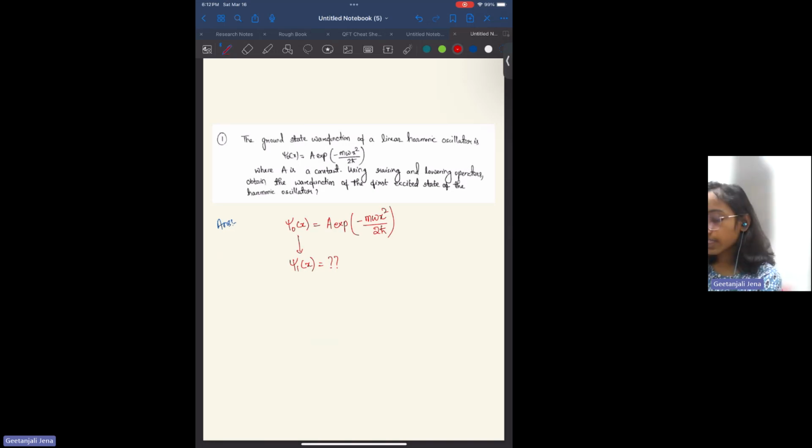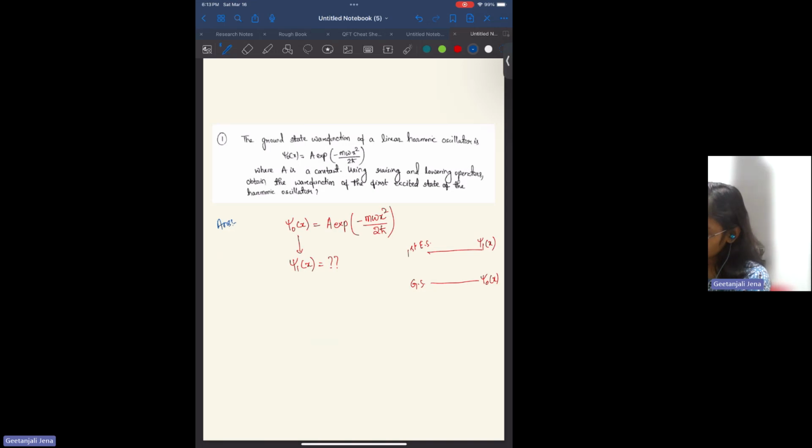To get the expression for the higher state, you use the raising operator. Let's say this is the ground state and this is the first excited state. The wave function in the ground state is psi0(x), which is given to you, and the wave function in the first excited state is psi1(x).